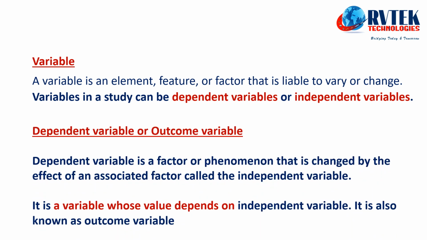Dependent variable, otherwise known as outcome variable, is a factor or phenomenon that is changed by the effect of an associated factor known as independent variable. Dependent variable is a variable whose value depends on the independent variable. It is otherwise known as outcome variable.